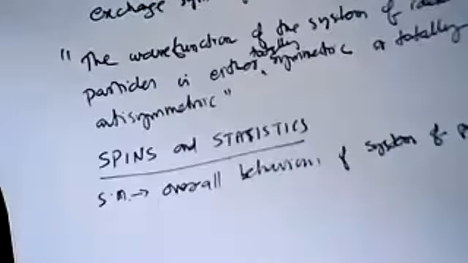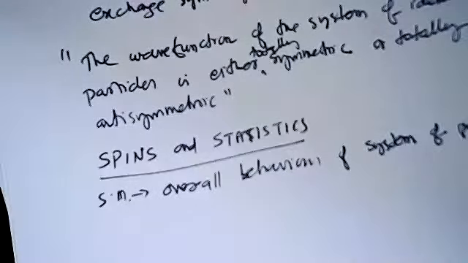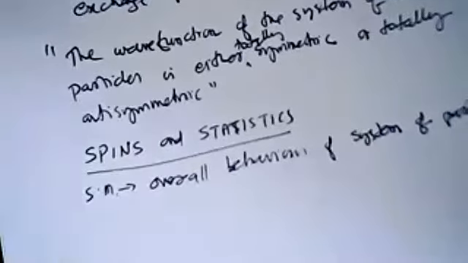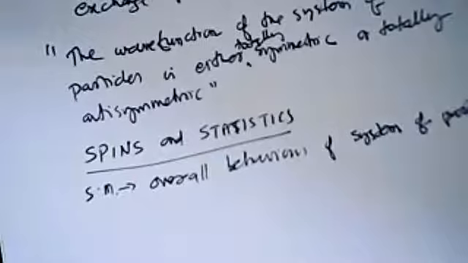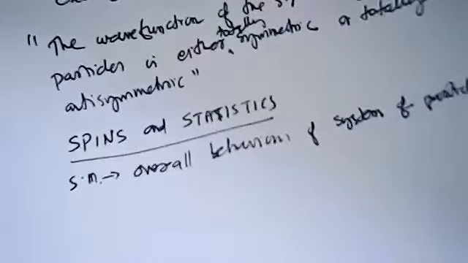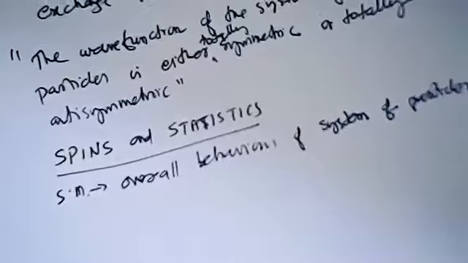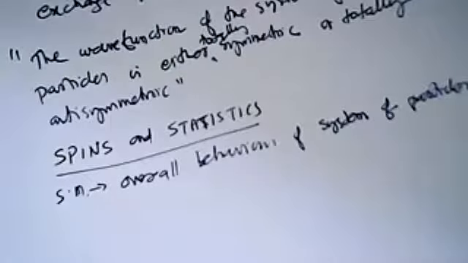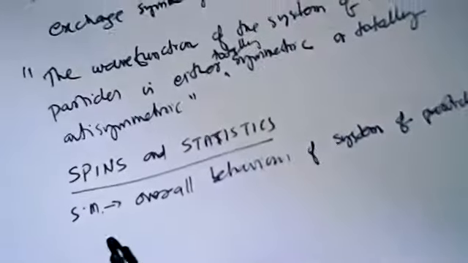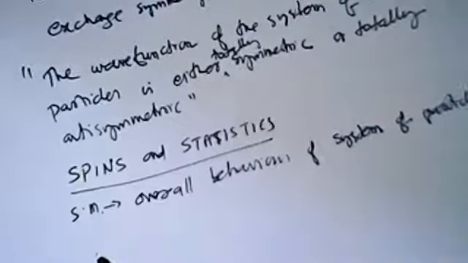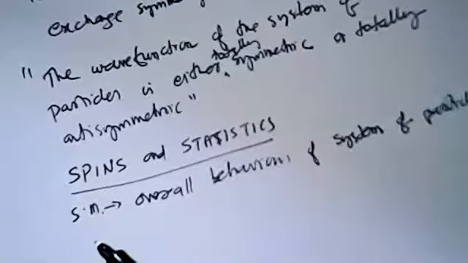From the beginning itself, according to the symmetric or antisymmetric wave function, they behave differently. Their overall behavior is different. Classical mechanics has only one, Boltzmann statistics, but quantum mechanics divides into two according to this idea: symmetric wave function or antisymmetric wave function.